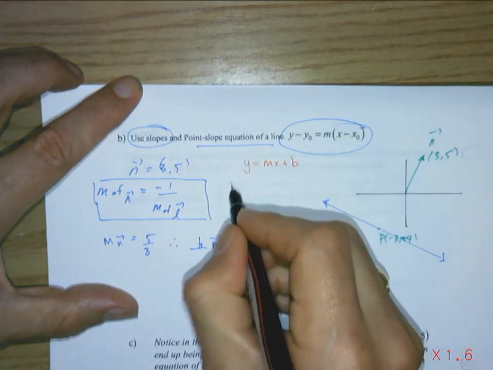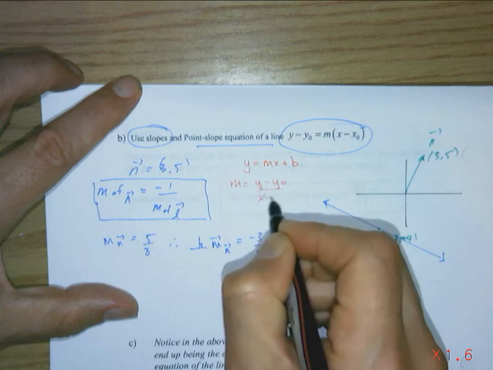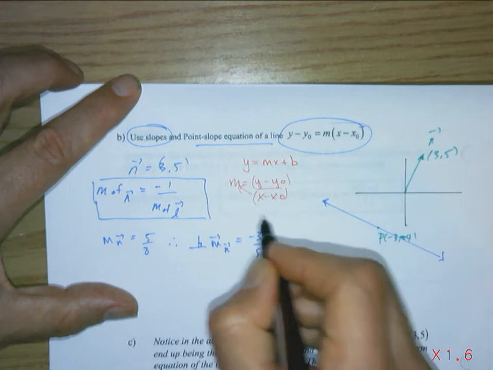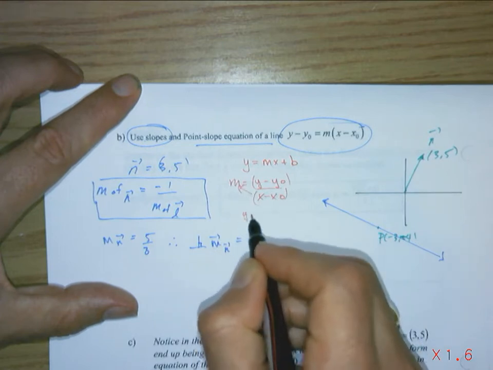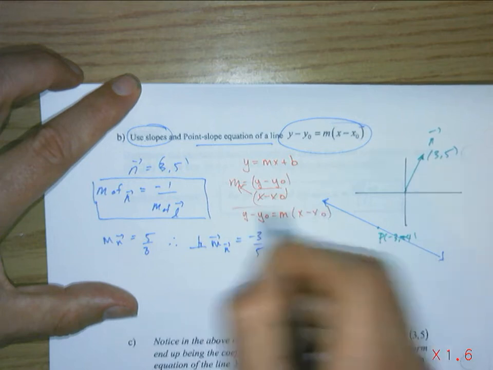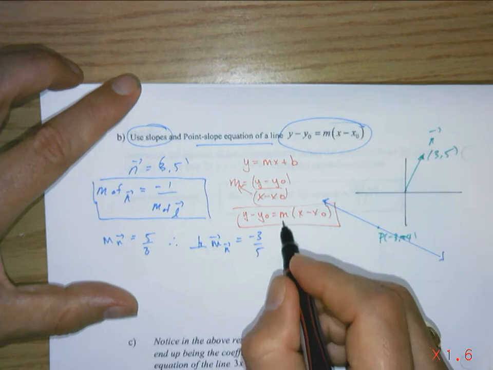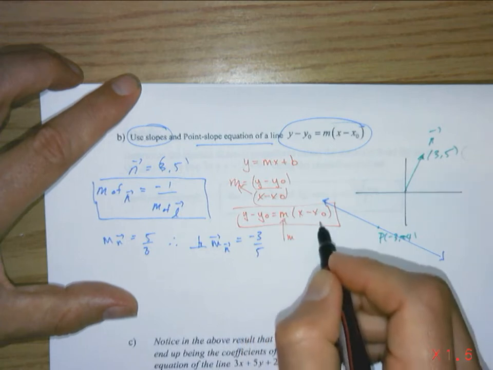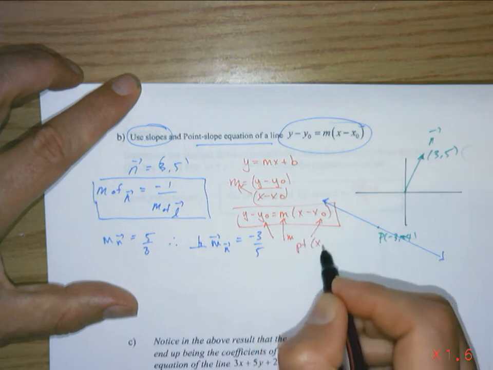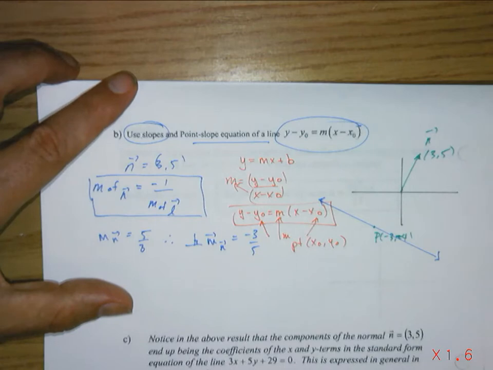If you start with slope, where slope equals y minus y naught over x minus x naught, if you rearrange this, you'll notice that you can transform that equation into y minus y naught equals m times x minus x naught, which is what we're dealing with. So what you need to satisfy this equation is you need a slope, and you also need the coordinates of a point. So any point and slope can then go into that equation and solve it.